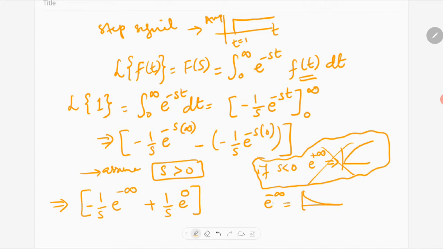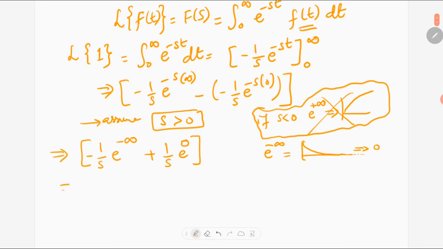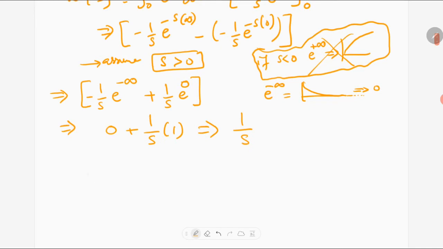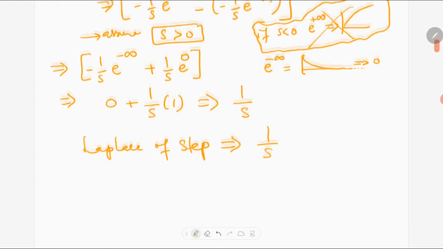Infinity means it will converge to some very small value, and that is 0, right? So this will be 0, and this will be 1 over s e power 0, which is 1, so 1 over s. So the Laplace of a step is 1 over s, right?